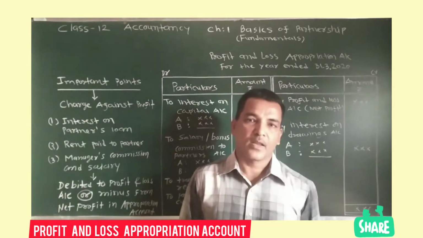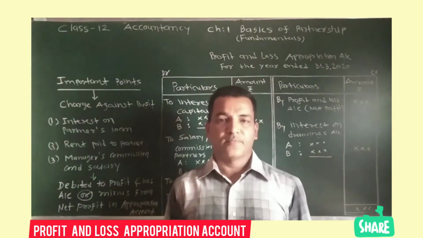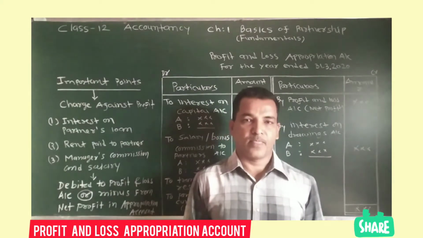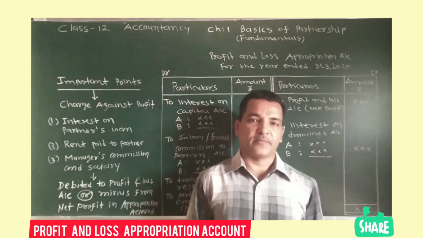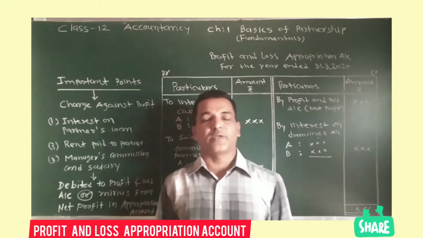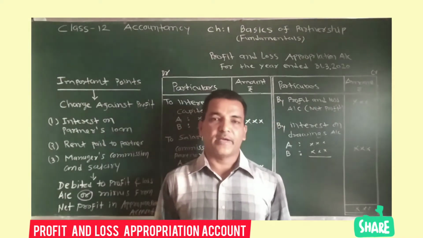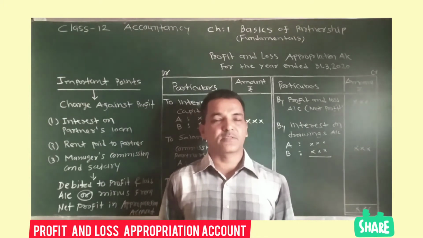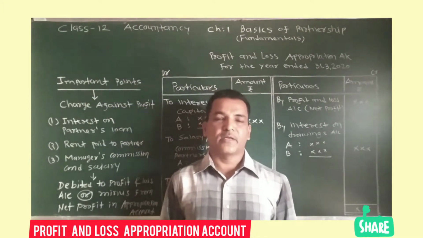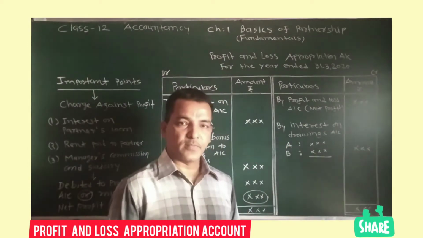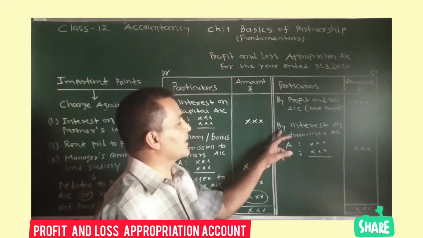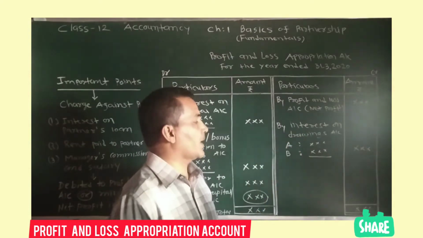Thereafter, if the partners have made drawings from the partnership firm and it is decided among them to pay interest on drawing, then that interest on drawing will be recorded on the credit side. So on the credit side you will write by interest on drawing made by a partner.